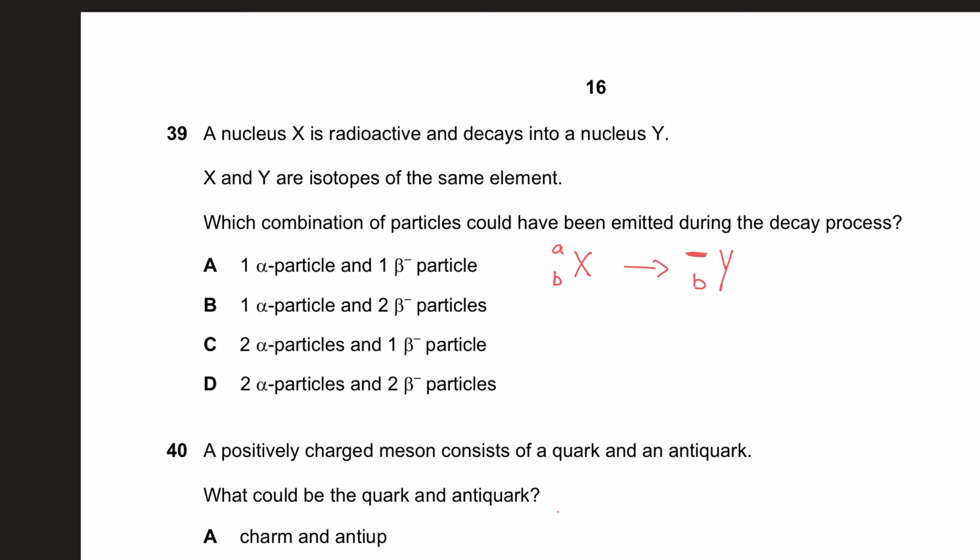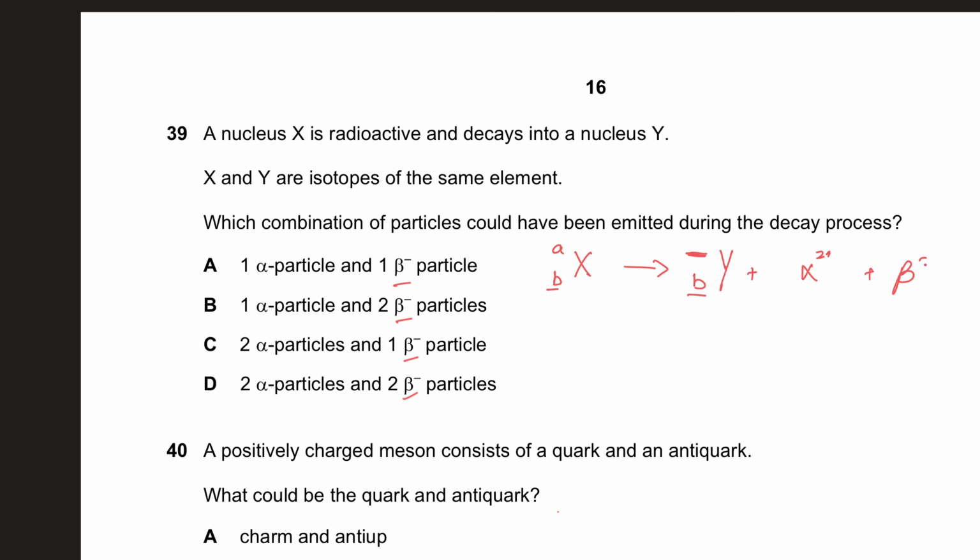Now, B basically depends on the number of positive and negative charges emitted, so the number of alpha particles and the number of beta minus or beta plus particles. If I want this to be the same, I need to ensure that the charges cancel out. So it has to be an alpha particle and a beta minus particle, and that's given in the options. Now alpha has a charge of 2 plus, beta has a charge of -1.